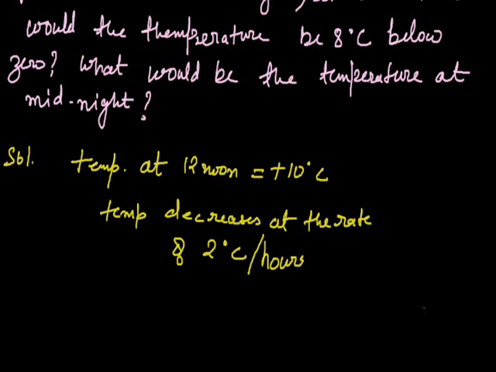We can say that if we take 10 degrees positive, since it is above the 0 degree temperature, then we have to decrease the temperature by 2 degrees centigrade every hour, so that the final temperature will be minus 8 degrees centigrade. Now what number should we place here so that when it gets multiplied by 2, and we subtract it from 10, you get minus 8.